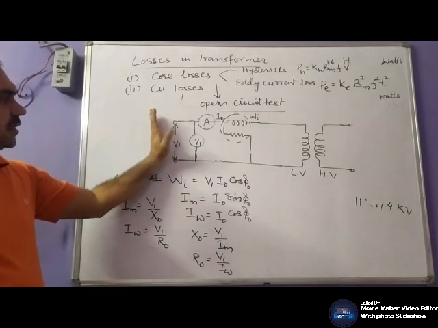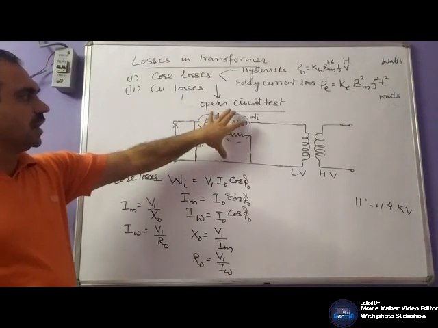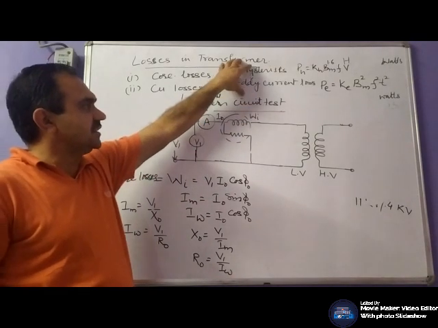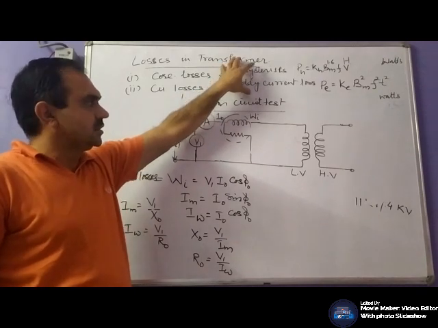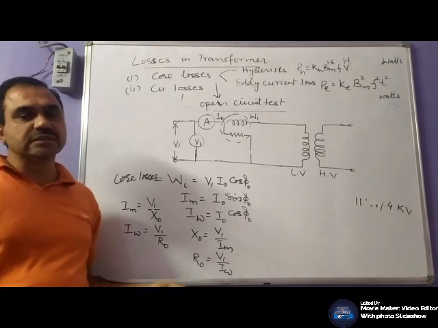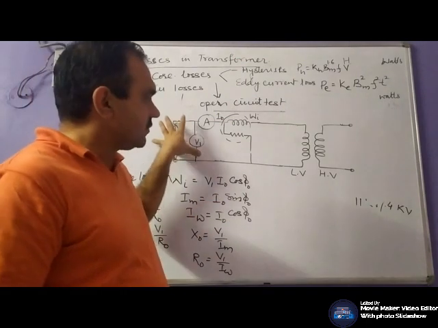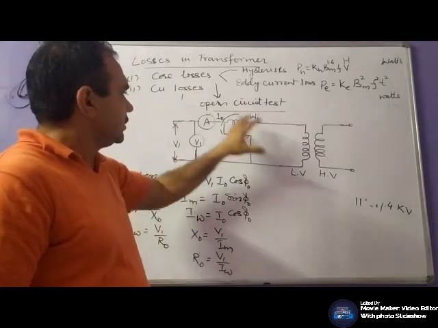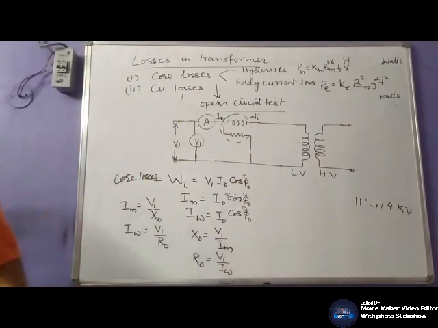So using this particular test, we can find out the core losses of the transformer, that is your hysteresis and eddy current losses. Now we have to find out the winding losses. If your resistances are not known, then you can directly find out the copper losses using the short circuit test.